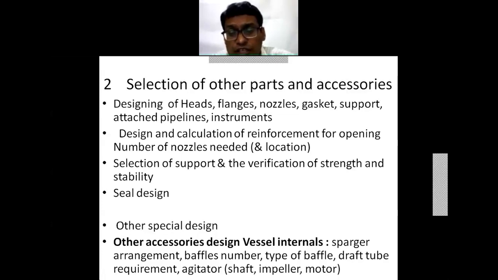Then in case of a distillation column, you may be requiring the trays, distributors, support, then weir, downcomer, all these different attachments or accessories that are to be taken into account while selecting the other parts and the accessories.